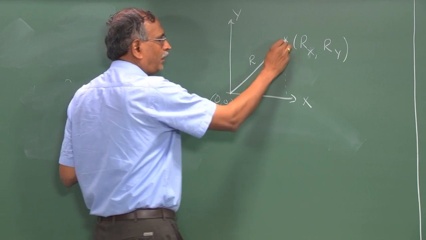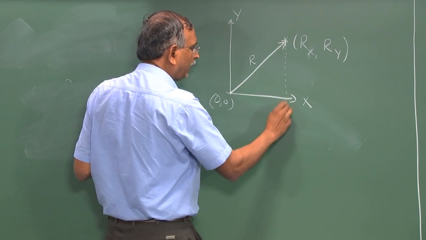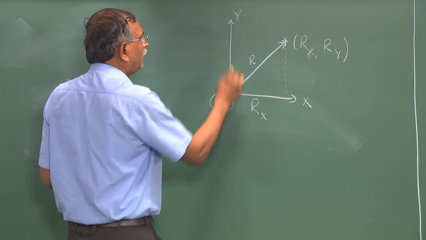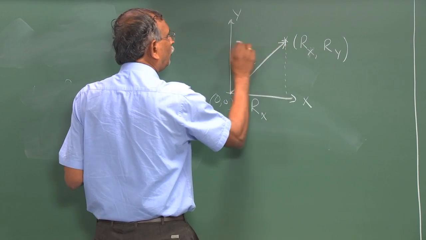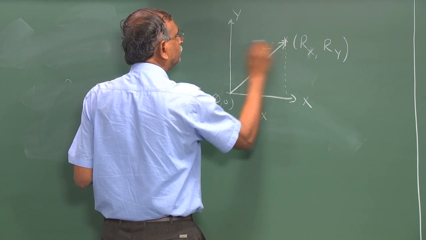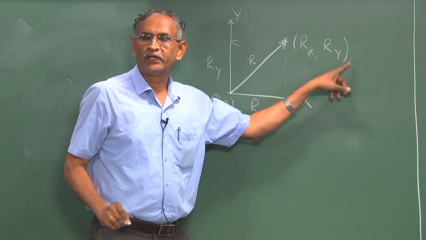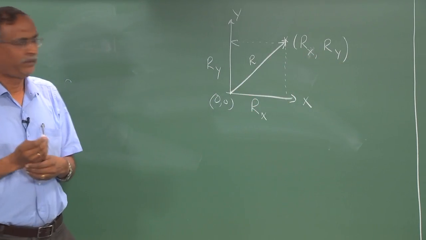The projection of r onto the x-axis gives you the length r_x, and the projection of r onto the y-axis gives you r_y. Those are the coordinate points that you have been plotting in 2 dimensions.